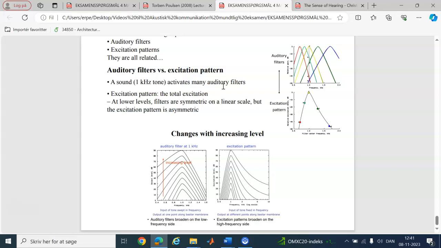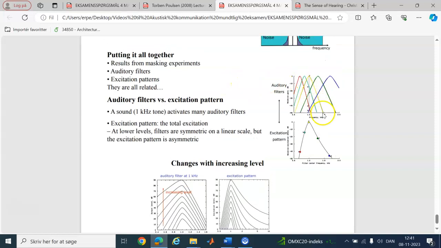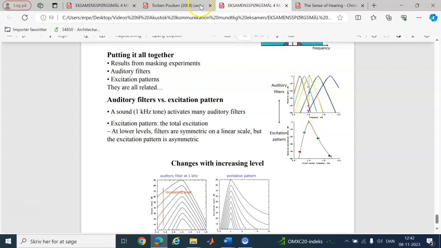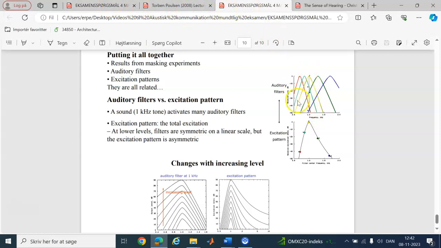If you have a 1 kilohertz sound, you have auditory filters with center frequencies of 500 hertz, 750 hertz, 1000 hertz, and so on. You can see here they have a line at 1 kilohertz. Then we have this point C in the excitation pattern, here at 1 kilohertz.